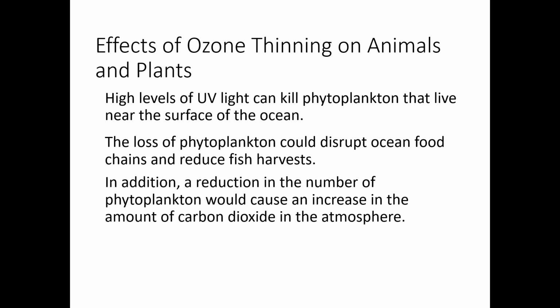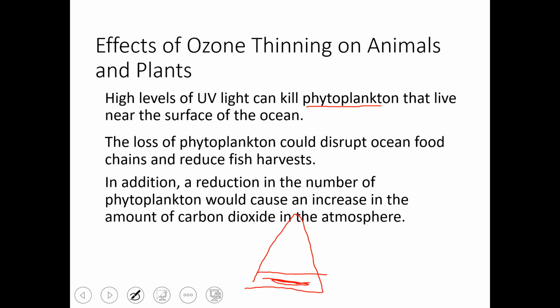However, another thing that can happen is that the UV light can kill phytoplankton. And to remind you of the energy pyramid, phytoplankton in your marine ecosystems form the very base of this pyramid, where there's a lot of fish and whatnot, marine organisms that are going to eat on these phytoplankton.